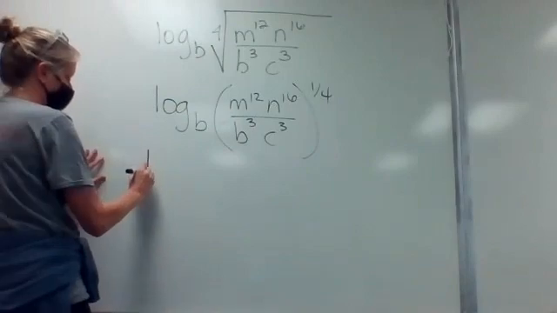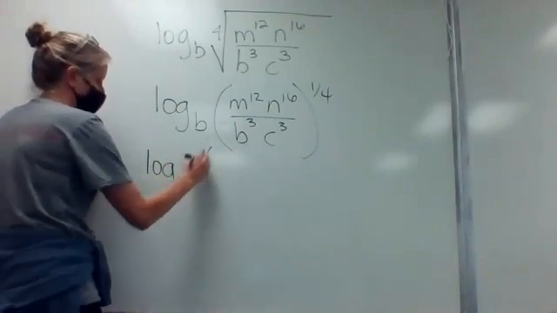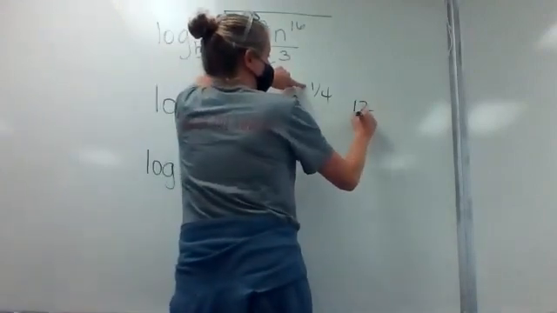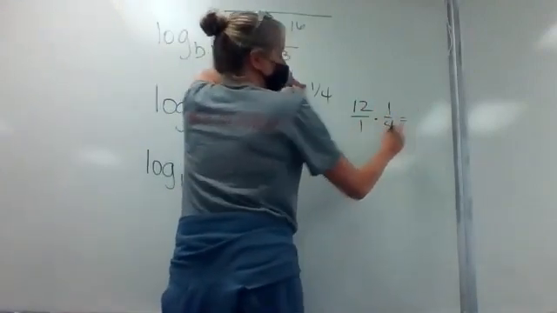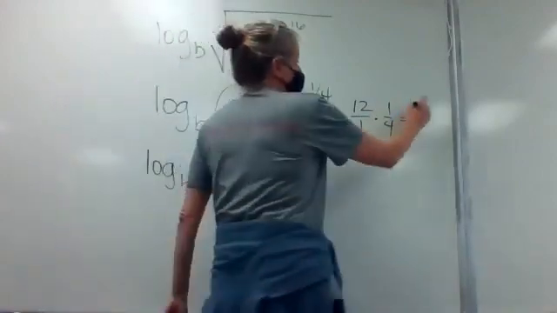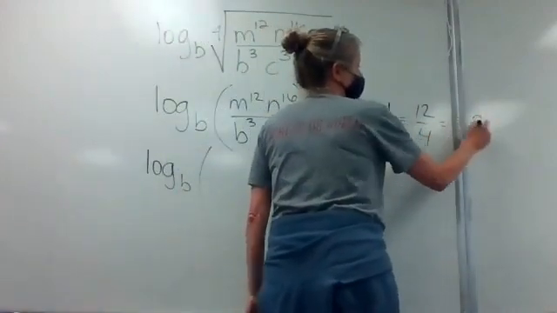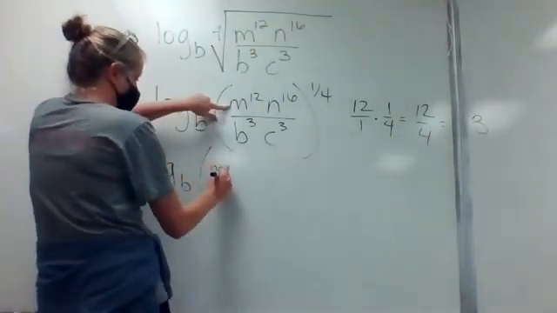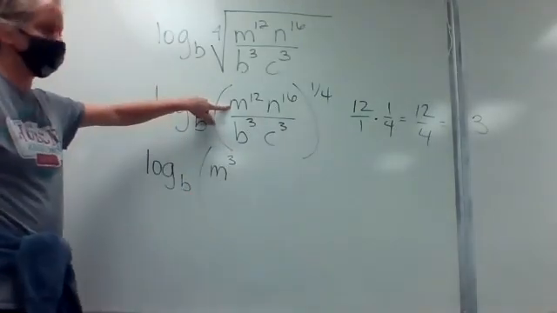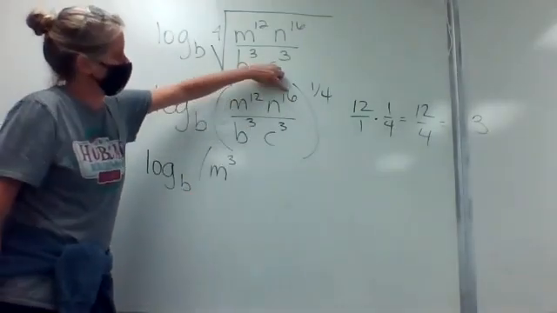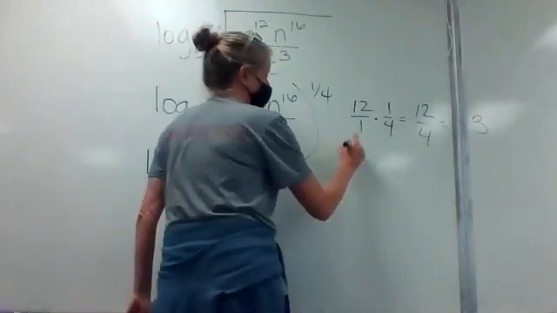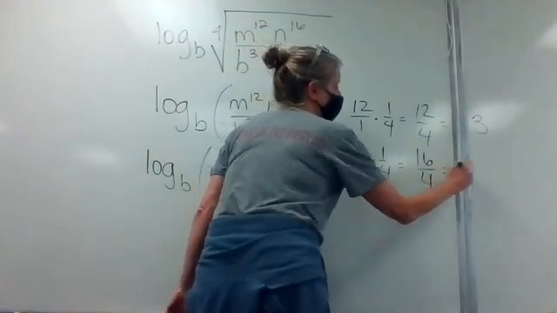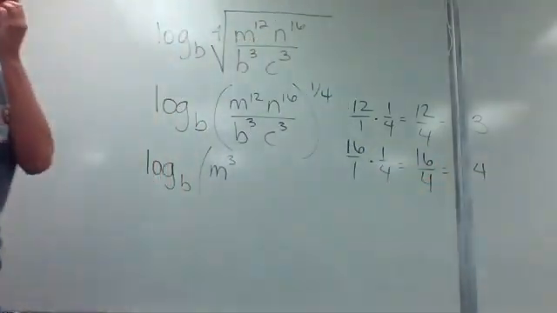So let's see, I've got log base b. The first one I'm going to multiply together is 12 times 1/4. If I go straight across from top and bottom, I get 12 over 4, which reduces to 3. So the m's exponent is now 3. The n is being raised to the 16th and 1/4, which gives me 16 over 4, which reduces to 4.